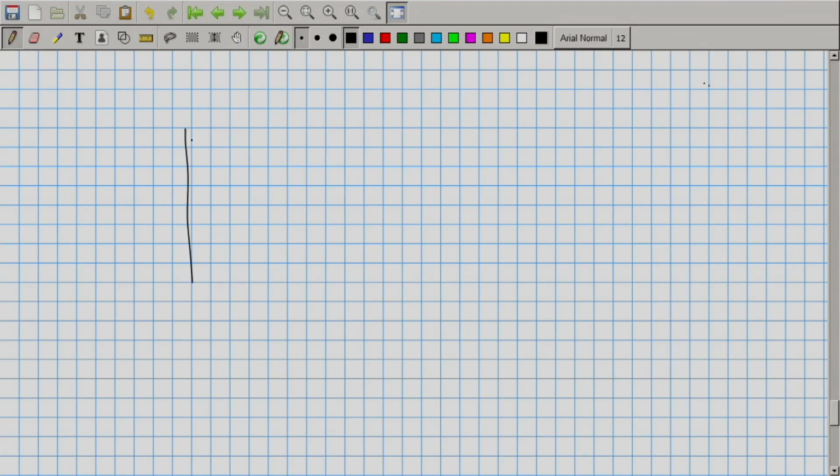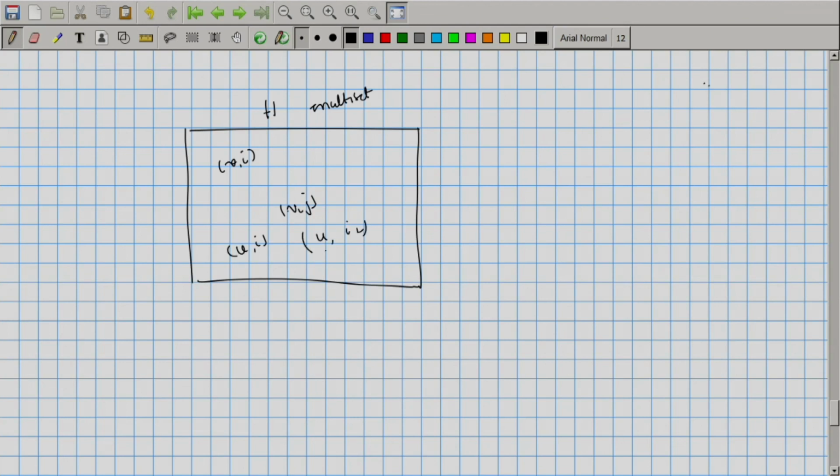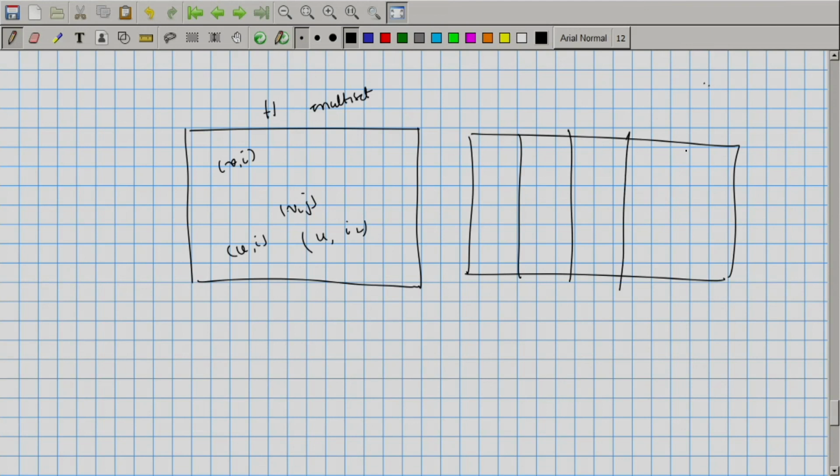So, we had the set H, which is the multiset. These various elements V_i, V_j, U_i, and so on. Now, we can think of this as split into various assignments.